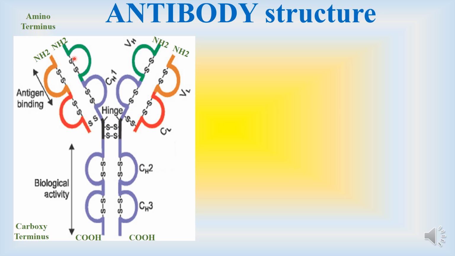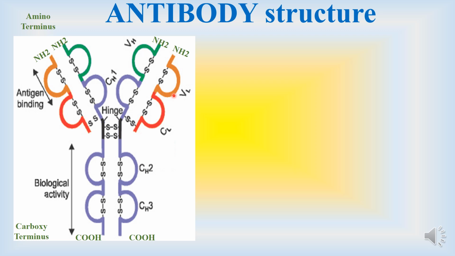The heavy chains have more amino acids and are longer. Their molecular weight is around 55,000 Daltons each. The light chains are shorter with fewer amino acids and their molecular weight is around 22,000 Daltons each.